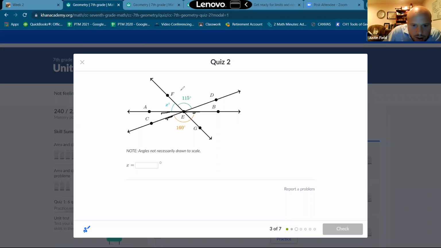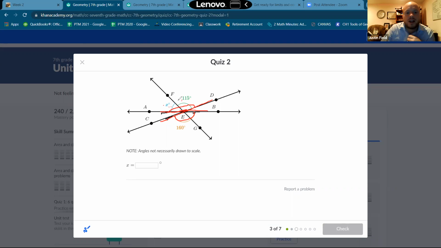Okay, so what we're gonna do here is we are taking this 160 and we are drawing a vertical angle with it, so that the red goes from the line AB all the way to this one. So that means that these two angles together form the other side of the vertical angle.